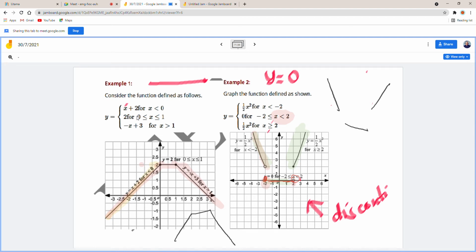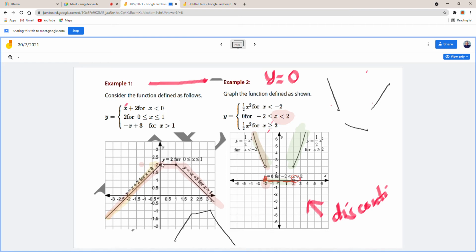Okay, for this one, it is x plus 2. X plus 2 means you need to have a linear graph and it has positive x, so it should be increasing, from bottom to upwards diagonally. And the 2 is a straight line. And this one is also a linear graph but going downwards. And the condition for this graph should be less than 0.